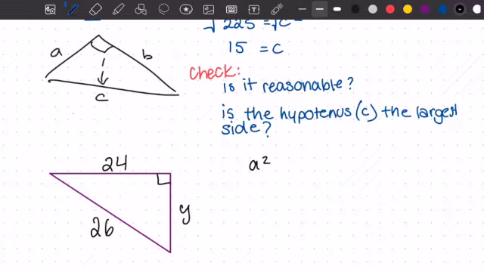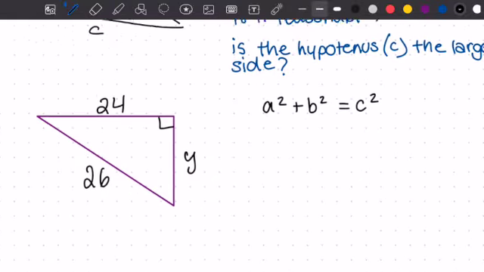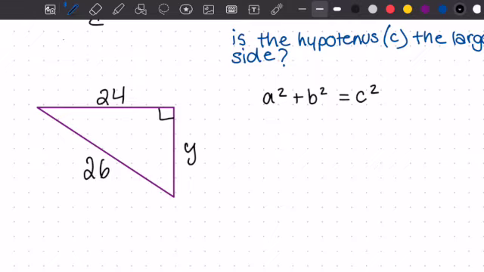If I'm trying to solve for Y, which letter am I trying to solve for? A, B, or C? B, or A, doesn't matter, but not C.